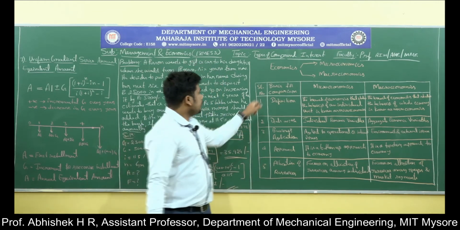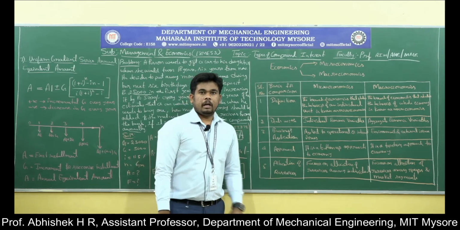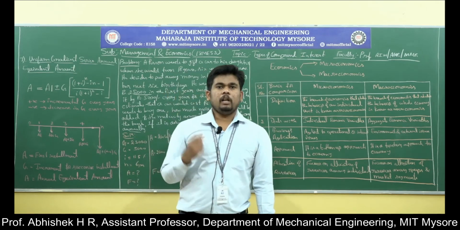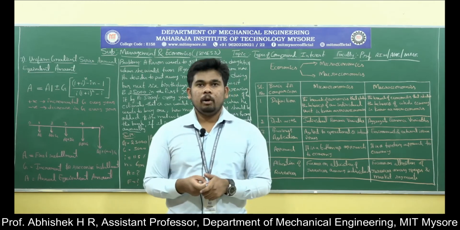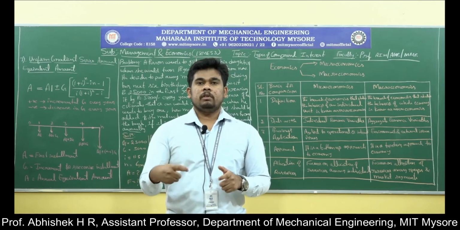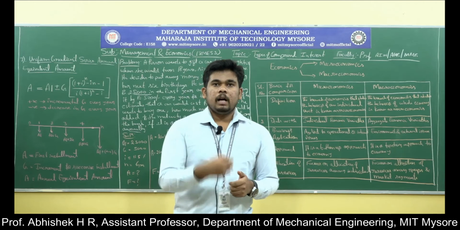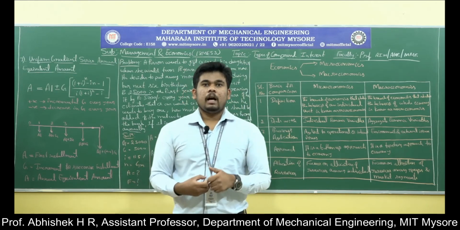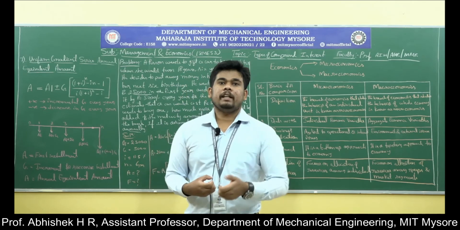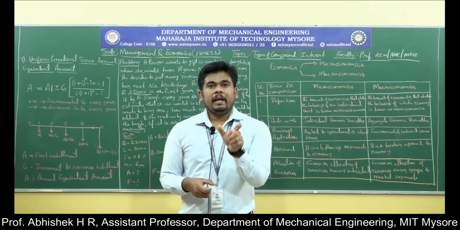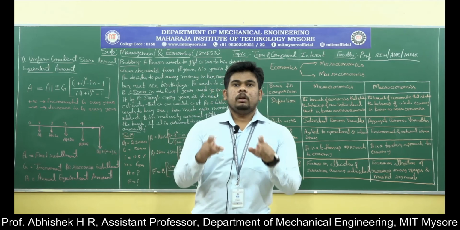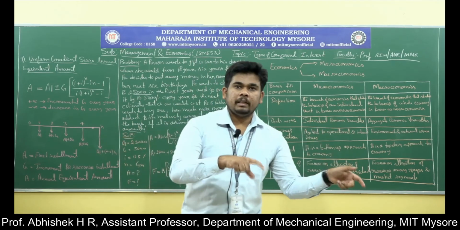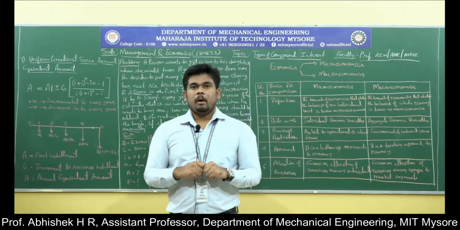Now we have a small concept, microeconomics and macroeconomics. Economics means what? The study of how humans work together to convert available resources into goods and services and to earn profit and benefits. Based on this, we are going to categorize into 2 different ways, microeconomics and macroeconomics.